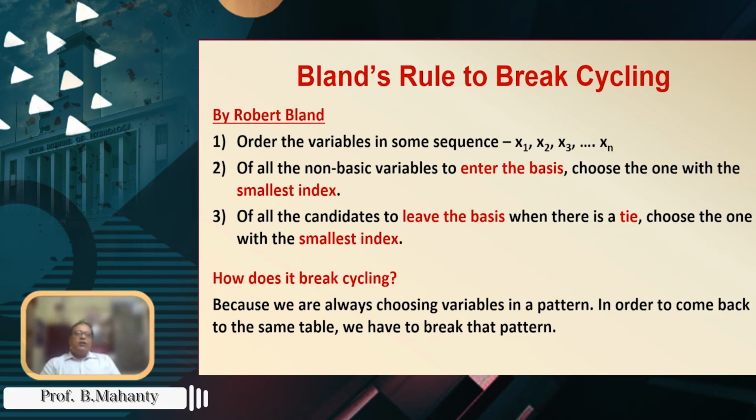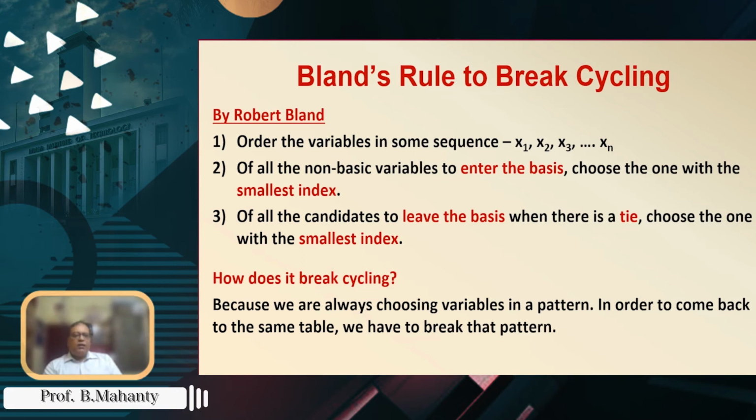You choose first x3 and then x1, then x2, and then you can come back to x3 again. If you follow Bland's rule you cannot, because Bland's rule will choose either x1 or x2 or some other leftmost variable. So unless you break the pattern, you cannot come back to the same table. Cycling can be broken by simply following a rule such as Bland's rule, which says choose the leftmost variable, or choose the variable with the smallest index.